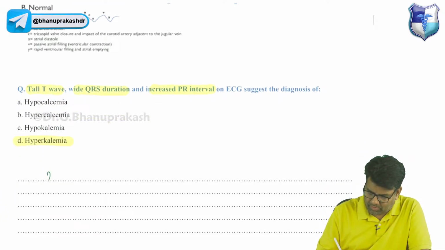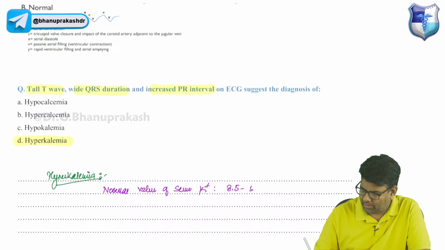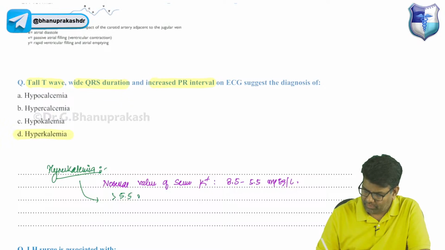Now, in hyperkalemia, what is the normal value for serum potassium? 5.5 milliequivalent per liter. Right? So whenever we are saying hyperkalemia, the value will be more than 5.5 milliequivalent per liter.